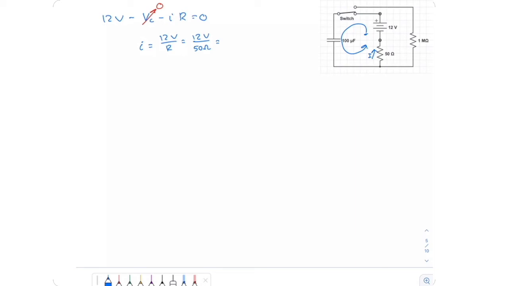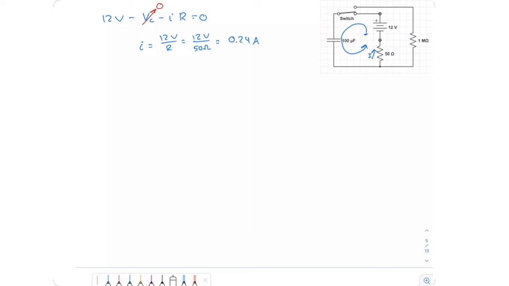And so that's like 24 over 100, 0.24 amps for the current. So I could treat this first part of the problem, what's the initial current, as if this capacitor were just a wire, and it was just letting the current flow through it, because it is. There's no voltage across it, so it's not impeding that current.